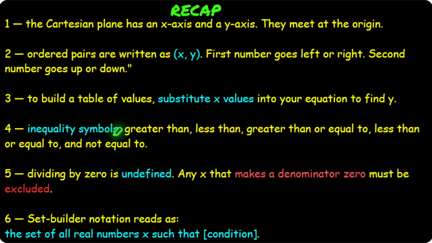Inequality symbols: greater than, less than, greater than or equal to, less than or equal to, and not equal to. 5. Dividing by 0 is undefined. Any x that makes the denominator 0 must be excluded. 6. Set builder notation reads as the set of all real numbers x such that the condition.